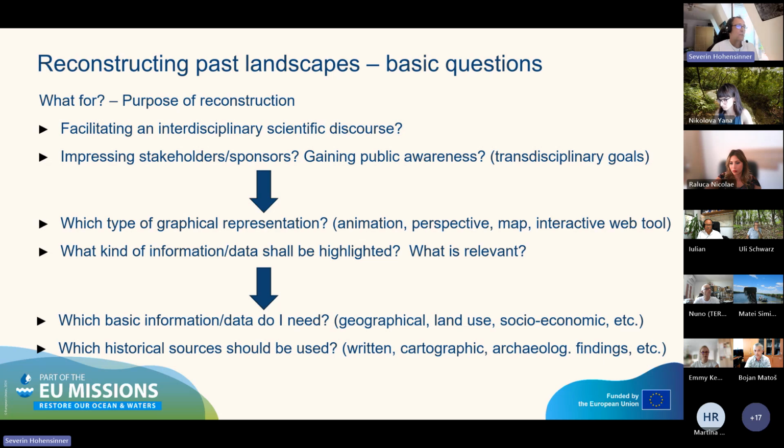And this leads to the next question: which basic data do I need for achieving that? Geographical data, land use data, or even socio-economic data? And which historical sources should be used? Written sources, cartographic sources. We also use archaeological findings and so on.